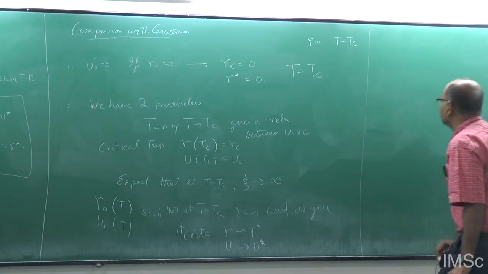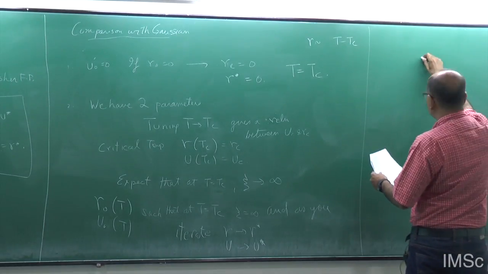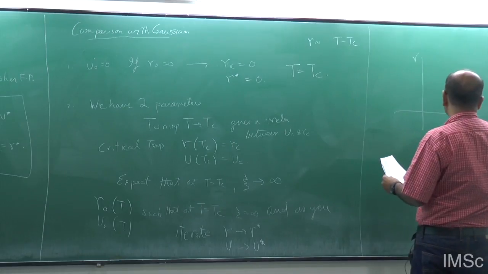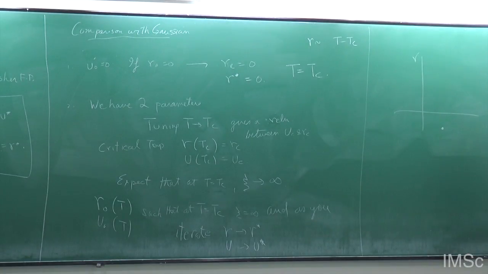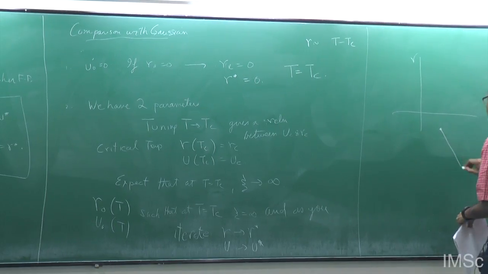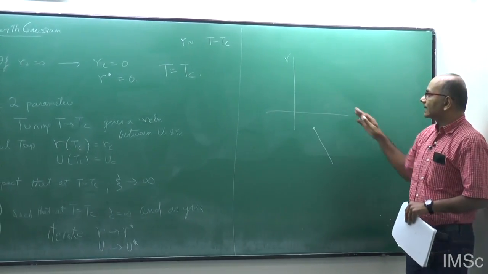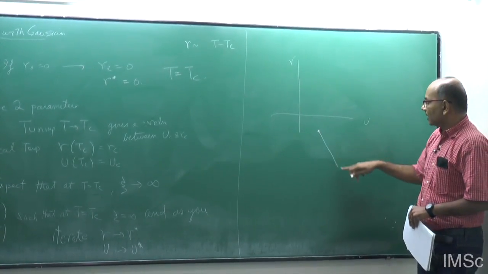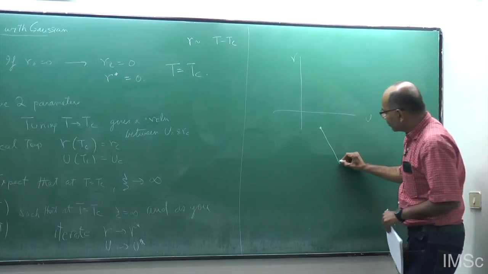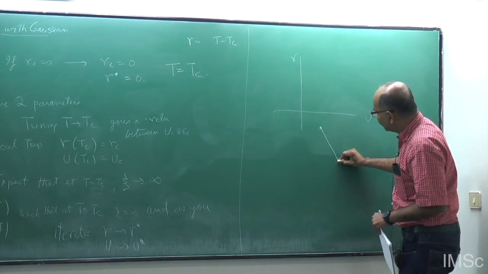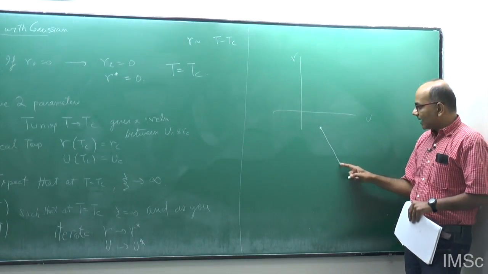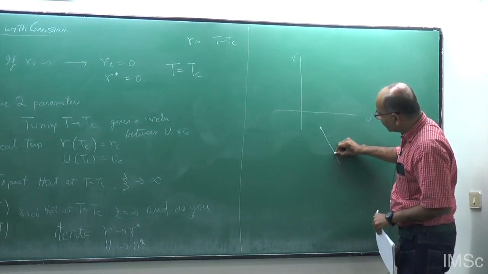Let me draw a figure. Let me draw U and R. Let's say this is your fixed point. There is some line here, a relation between R and U, some curve, I've drawn it as a line, such that if you start anywhere along this line, your R0 and U0 anywhere along this line, then as you iterate, you will go towards this point.